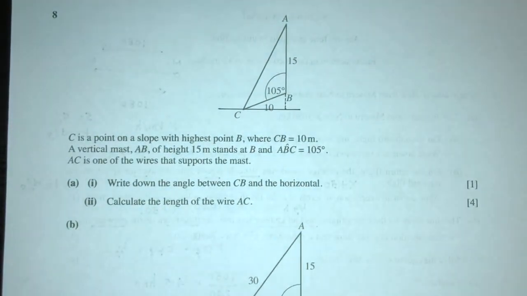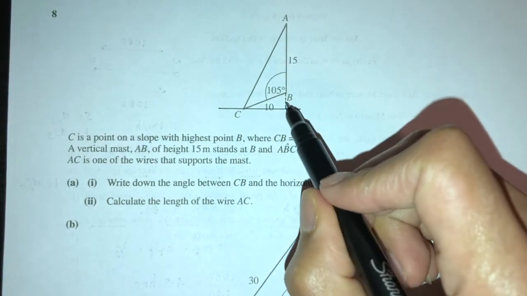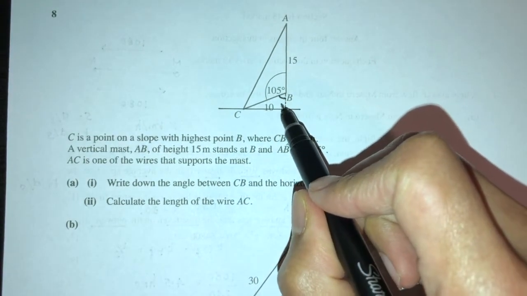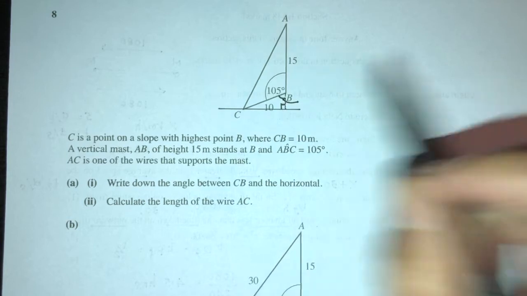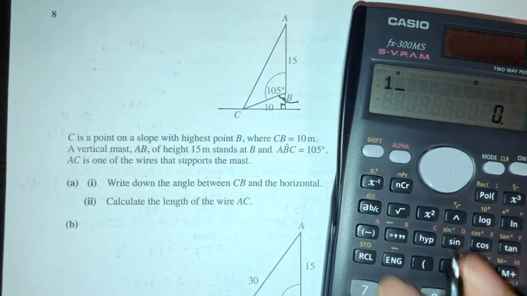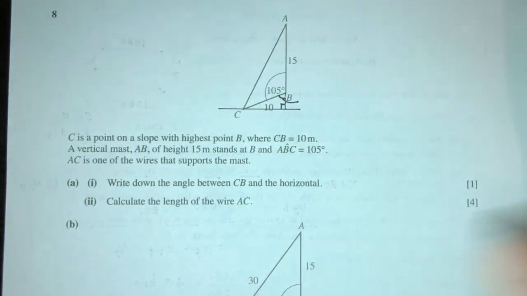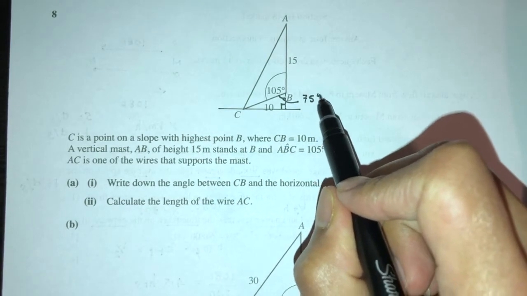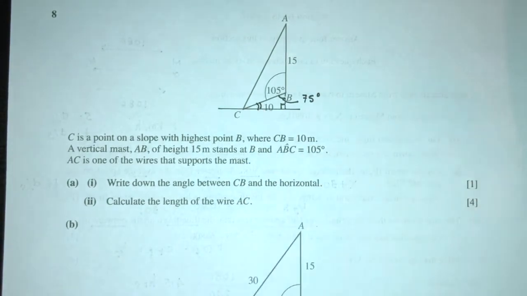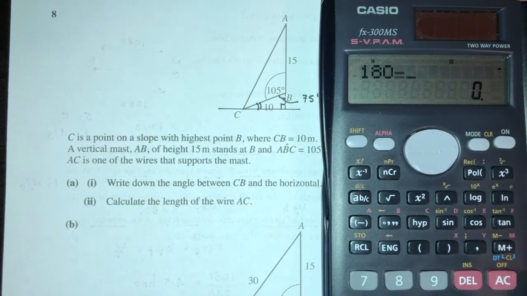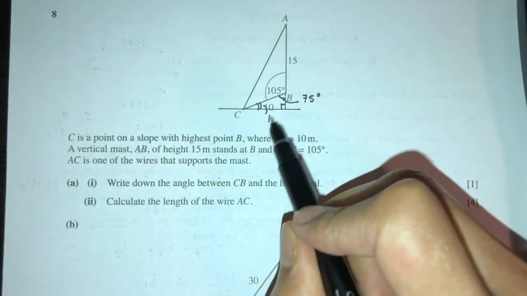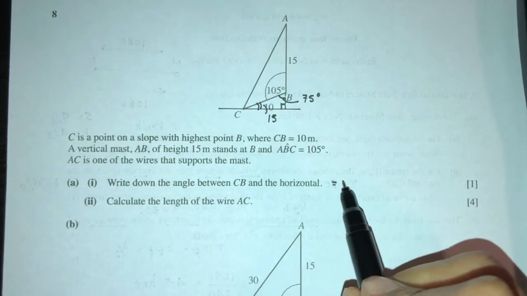If this is 105 degrees, that will be, what is this one? That will be 180 minus 105, that will be 75. And this will be the angle that we need, so 180 minus 75 minus 90, that will be 15. So 15 will be your answer for the first one.